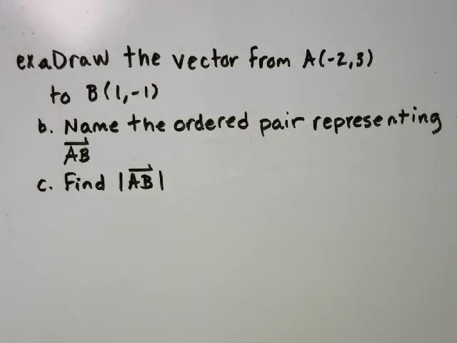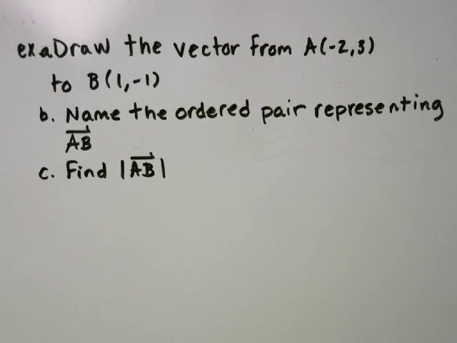Okay, so we're going to draw a vector going from the point a at negative 2, 3 to b, which is at 1, negative 1. We're going to name the ordered pair representing AB, and then we're going to find its magnitude.